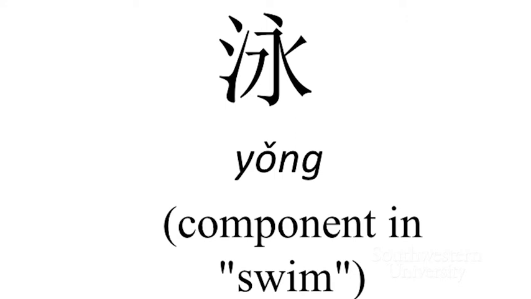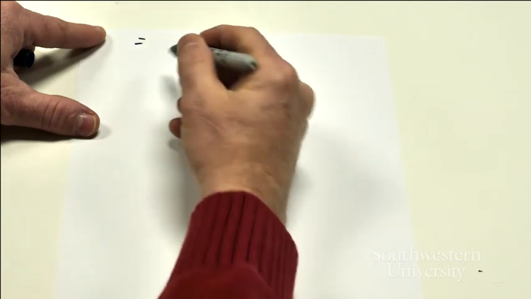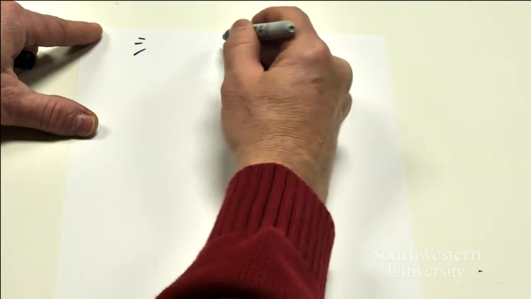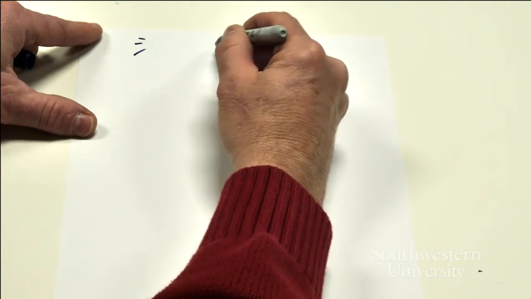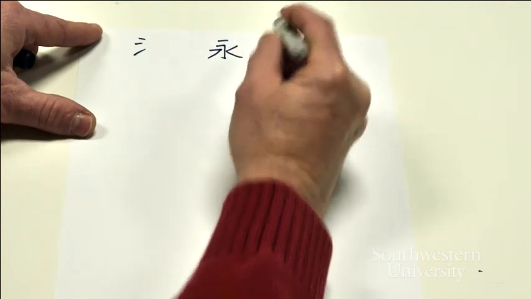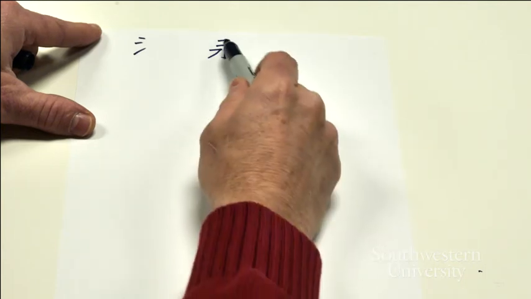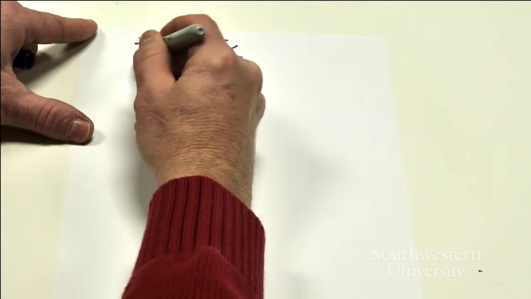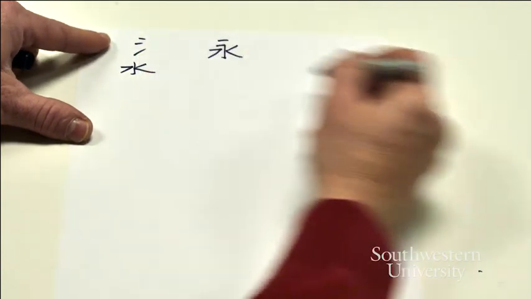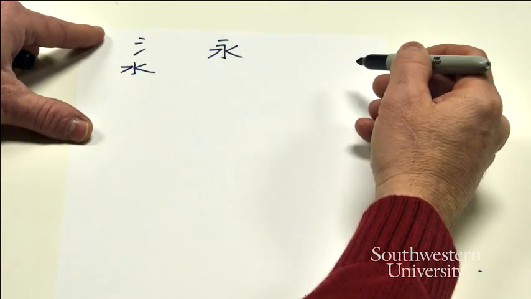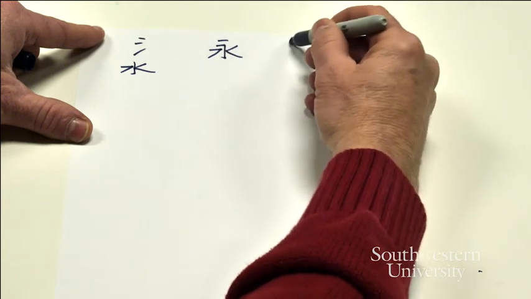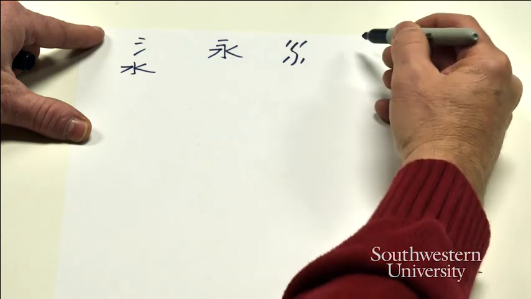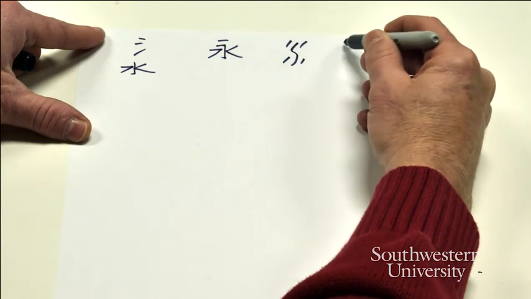Next character, yong, actually is two forms of water. So we have sandian shui, and then the phonetic is yong. It looks like just a dot on top of a bent part of water, shui. So here's shui, sandian shui. And this is originally, well, I'll show you. This is water, shui, in the ancient form. Yong was something like this.